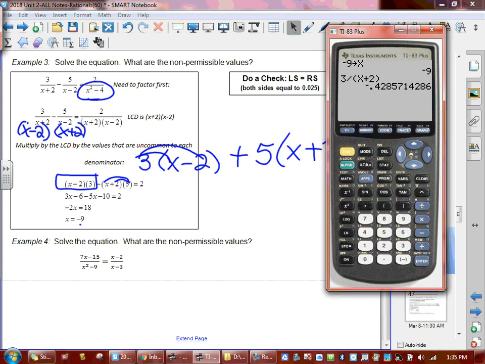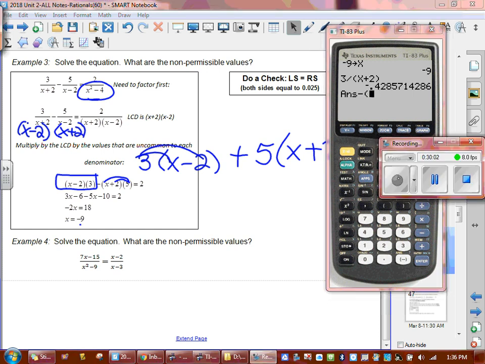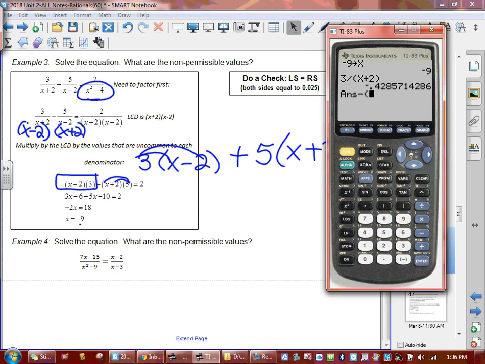And now I'm going to subtract, so open a bracket because I have to subtract this part. 5 over x minus 2, so we're going to have some double brackets. So what it's actually going to look like, I have to minus 5, divide by, open another bracket, x minus 2, close, double close. Okay, that's going to give me 0.025, which is what they showed me here.